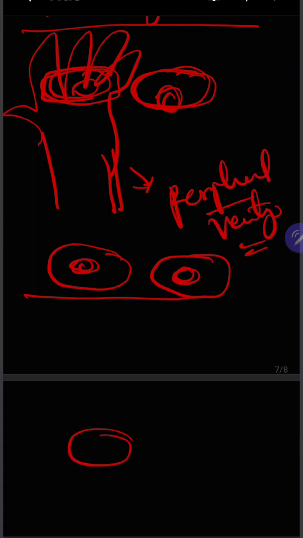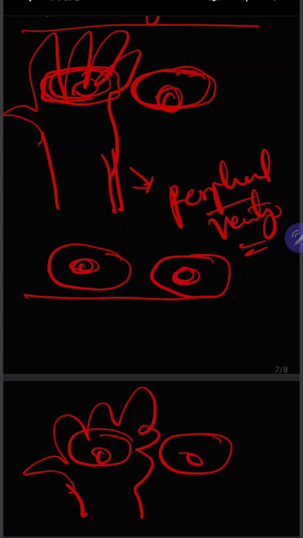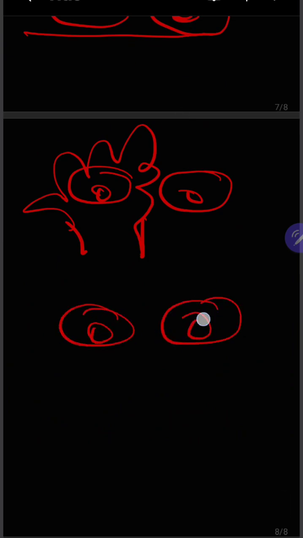And in central, you cover the eye with the hand, and if you tell the patient to remove his hand, the normal side eye will be in the center, and the affected side will be going upwards. So this is called skew, vertical skew.